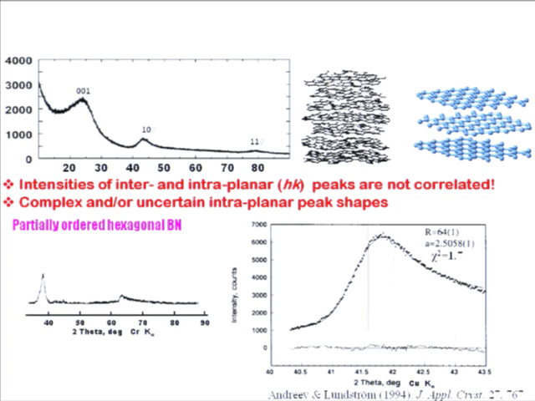And using the Warren-Bodenstein approach, it is possible to get a fit like that, which is pretty decent. And from this, we can get the radius of the ordered region within the plane and the lattice parameter, which corresponds, not surprisingly, to the lattice parameter of bulk boron nitride.